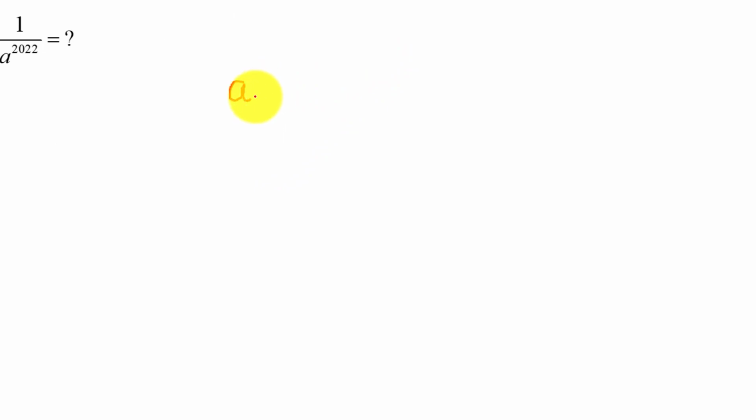And then I square both sides of this equation, and we get a plus 1 over a all squared equals minus 1 all squared.